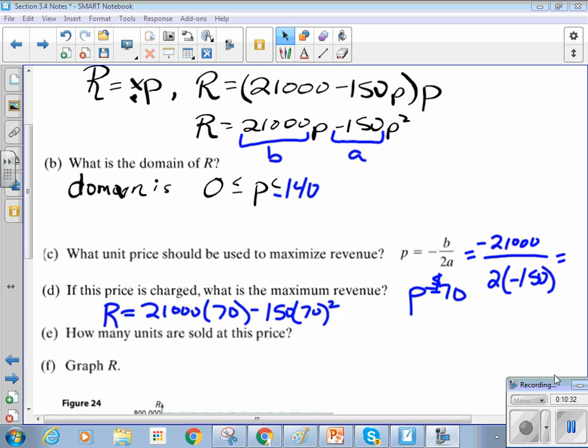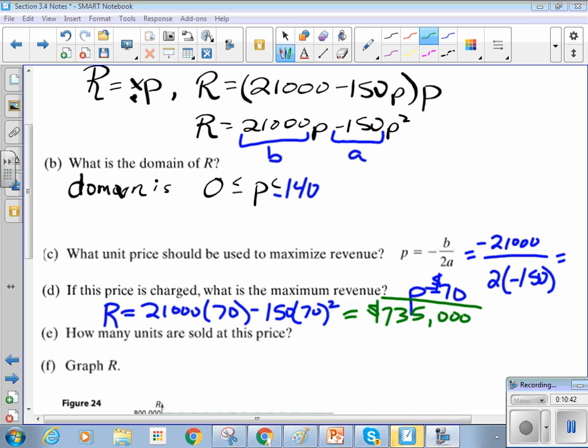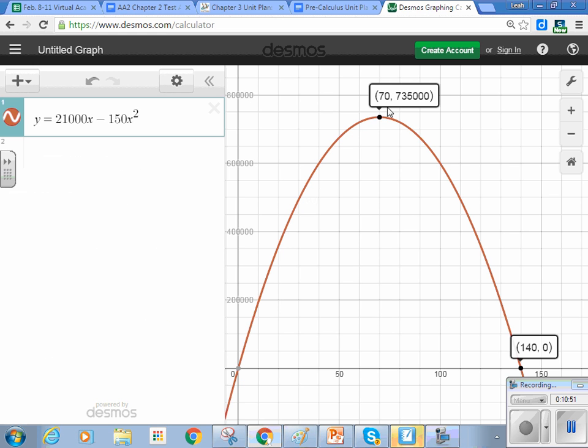All right, so my calculator spit me out $735,000. Let me double check my zeros. And then if we look at the graph that went with this, right at the top, 70 is the number of units, and 735,000 is my maximum revenue.